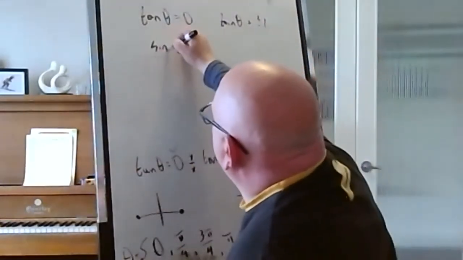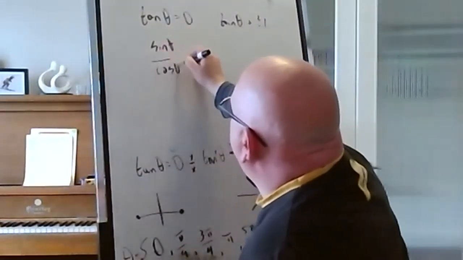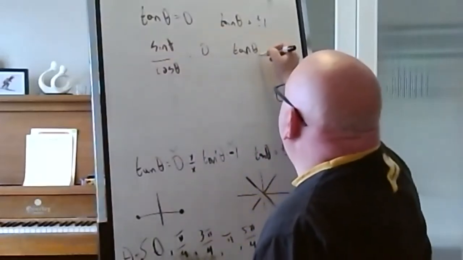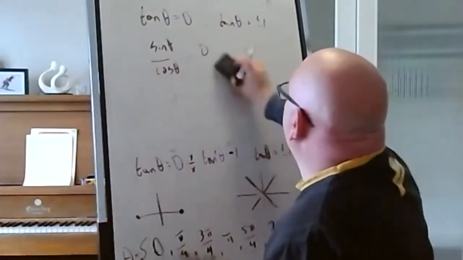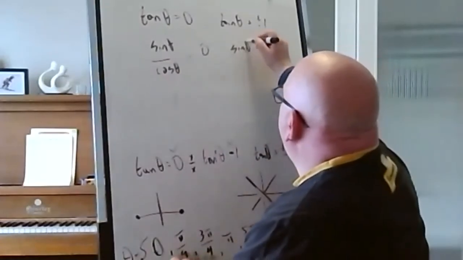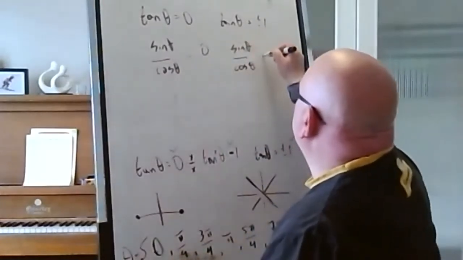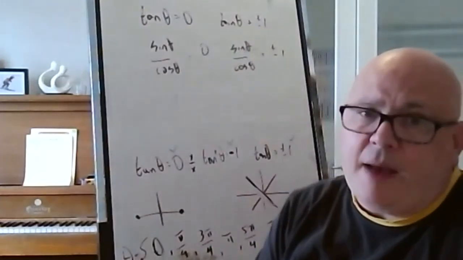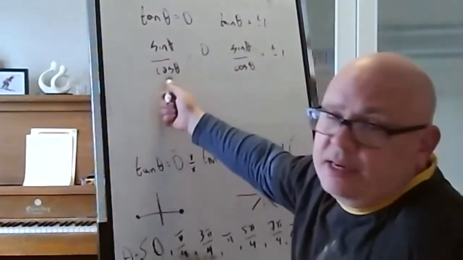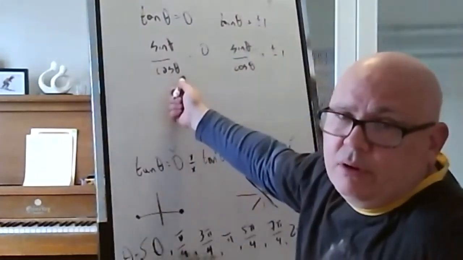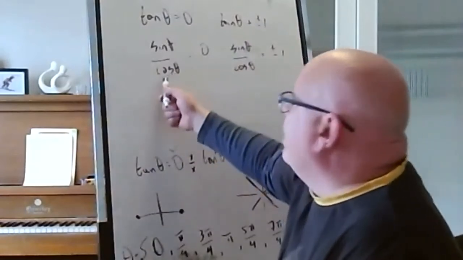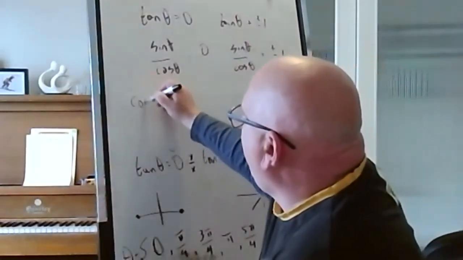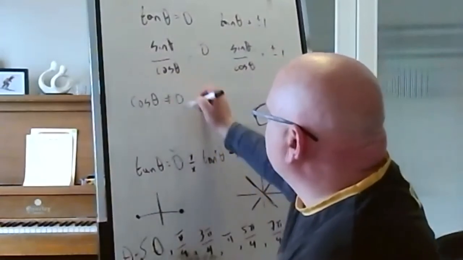Remember, tangent is sine theta over cos theta. What can't happen is we can't have cosine theta equaling 0. So we have a restriction on this, and our restriction is cos theta cannot equal 0.